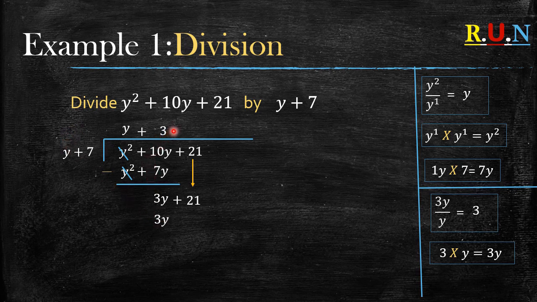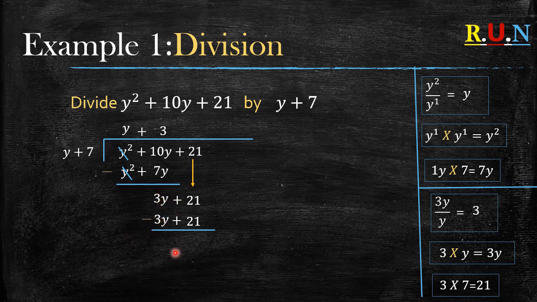Now again, you take this 3 and multiply it with this 7. What does it give you? 3 times 7 gives you 21. So from this point again, you draw your line, and then your minus sign, and you subtract.